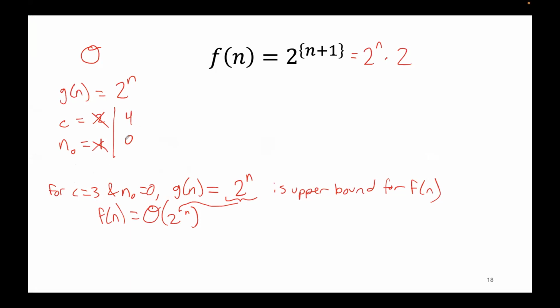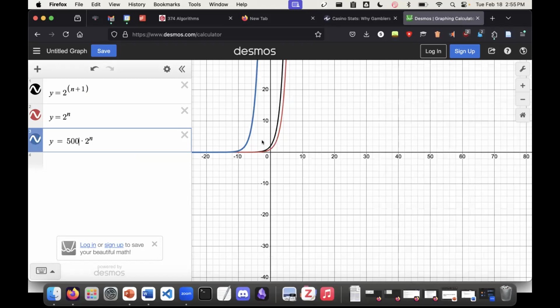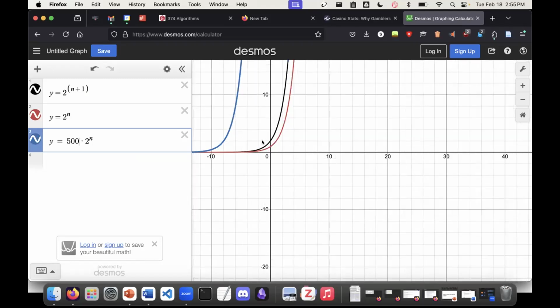And the thing is, there are infinitely many C and n naught. Like, we could take 500 and it zooms way out, but you can assume that once it crosses the y equals 0 point, it's going to be bigger than 2 to the n plus 1.